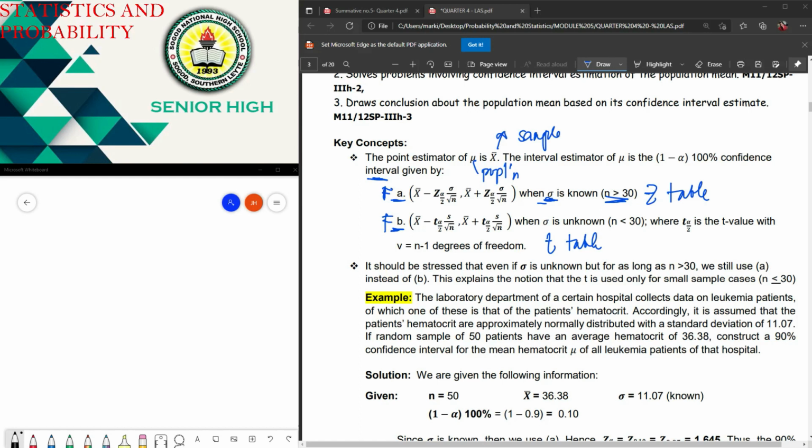As you can see in our module, we have two formulas: the formula using the z table and the formula using the t table. Try to look for the area of 1.56.